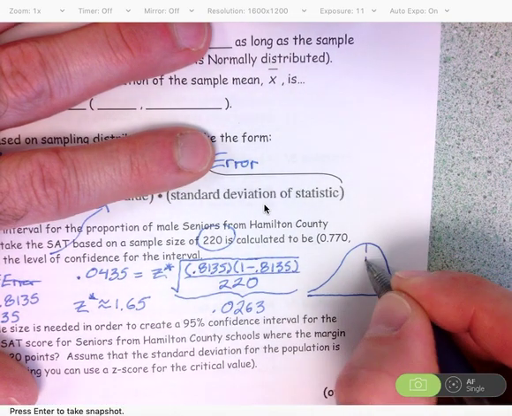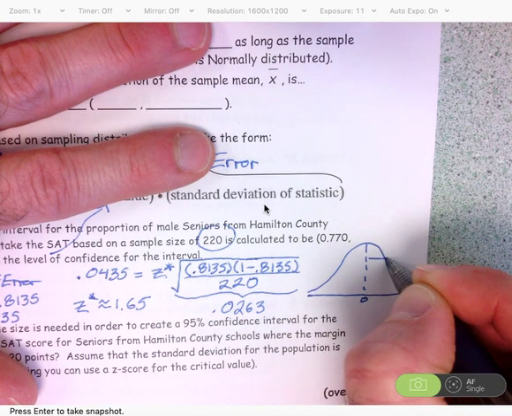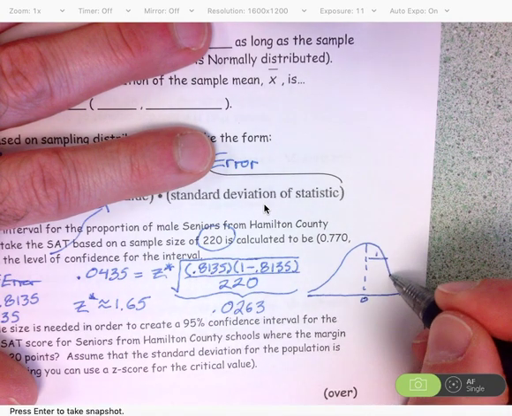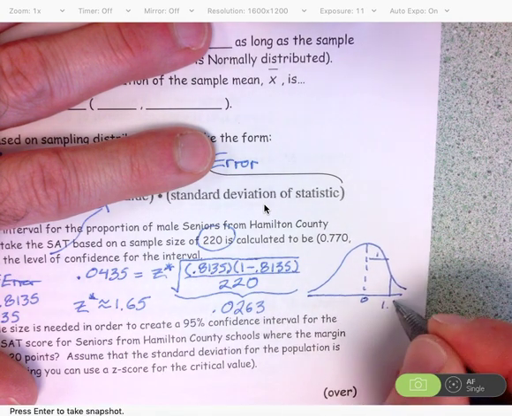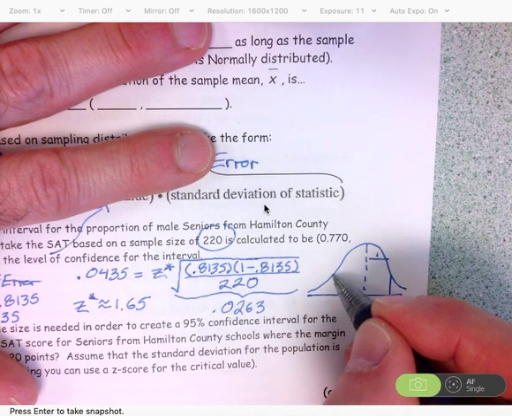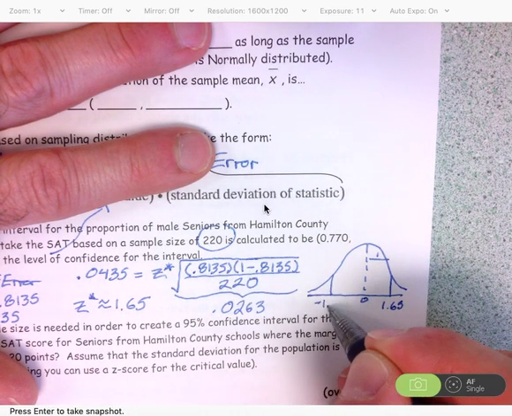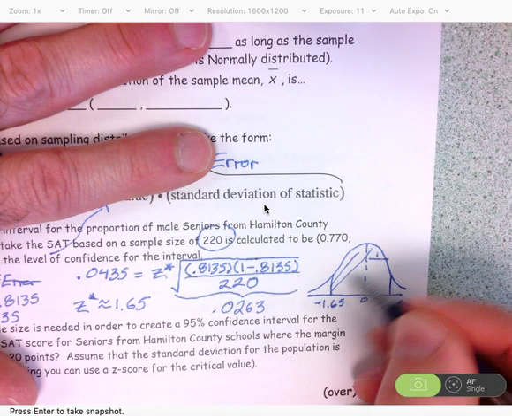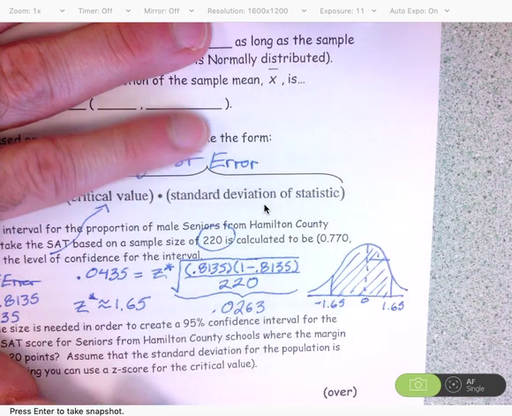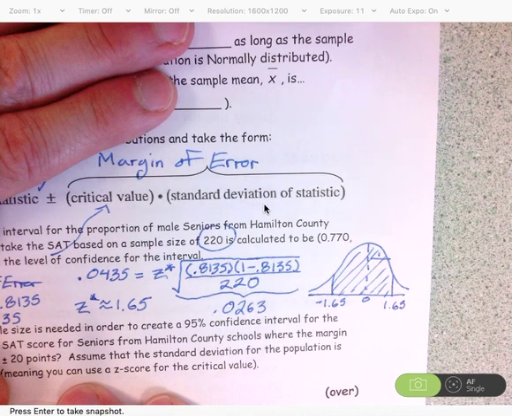So when you're working with z-scores, we have a mean of 0 and a standard deviation of 1. Here's positive 1.65. Here's negative 1.65. So what I have to do is find approximately what percentage of normally distributed data will be within those two z-scores.